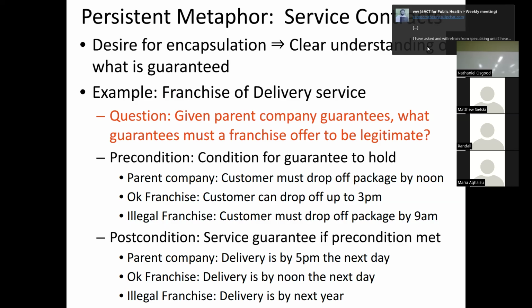But the FedEx franchise could be a little bit different in its guarantees in a certain structured way. There are certain things it can innovate around.